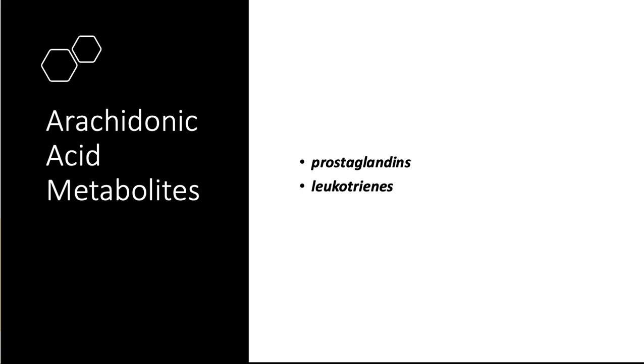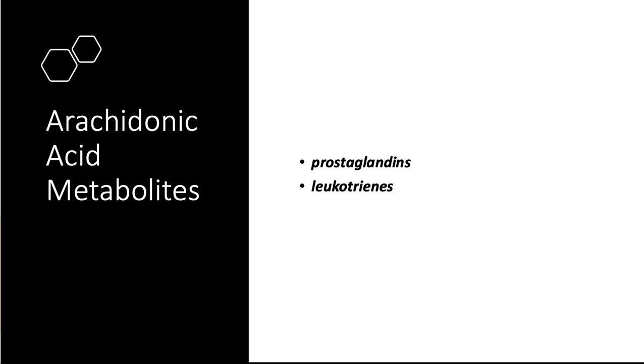Arachidonic acid is a 20-carbon polyunsaturated fatty acid that is derived from dietary sources or by conversion from the essential fatty acid linoleic acid. Most cellular arachidonic acid is esterified and incorporated into membrane phospholipids.